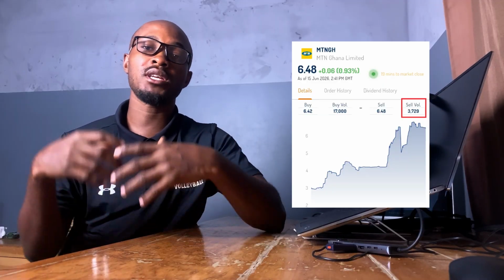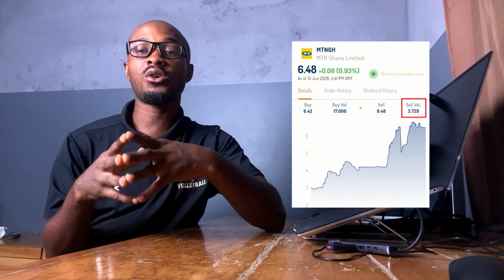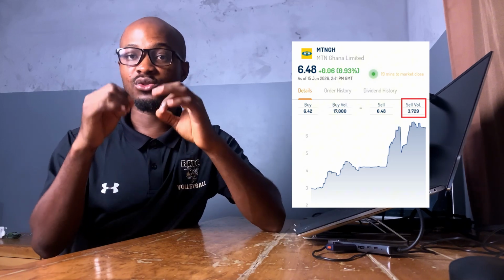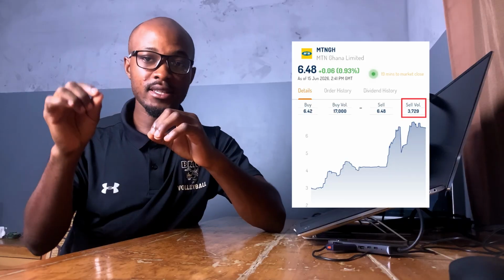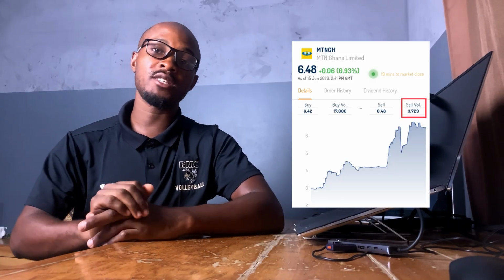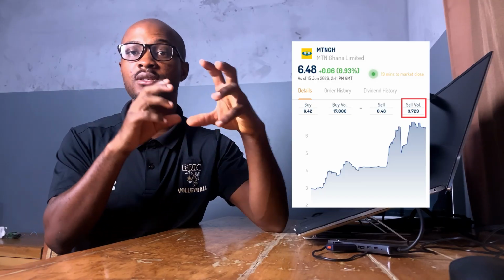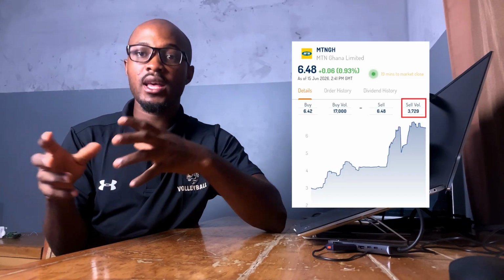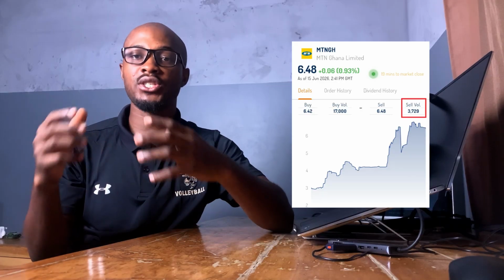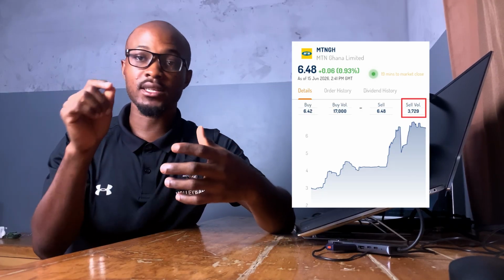That means sellers have placed orders to sell a total of 3,729 MTN shares at 6 cedis 48 pesos each. So to bring it all together, the sell price tells you what price people are willing to sell, and the sell volume tells you how many shares are available at that price.